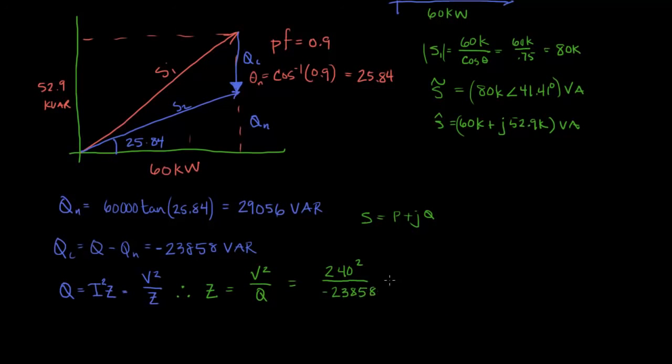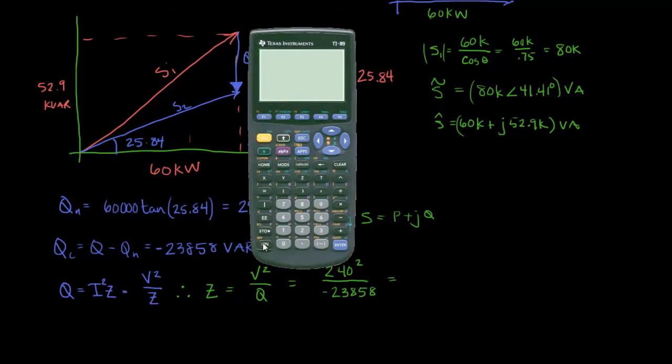Let's plug that into the calculator. 240 squared divided by negative 23858.